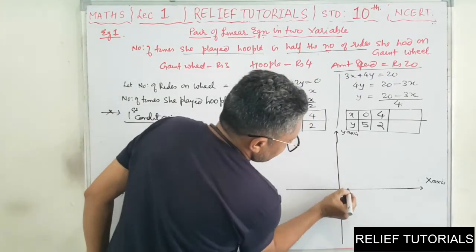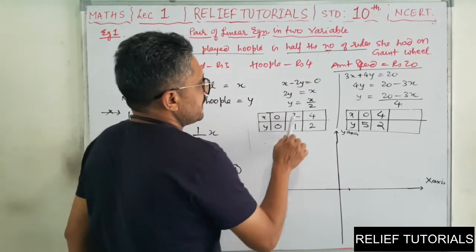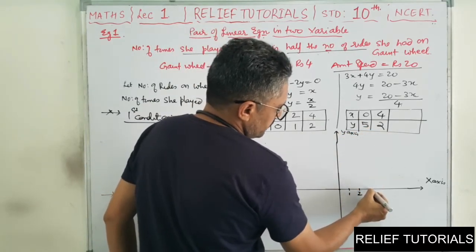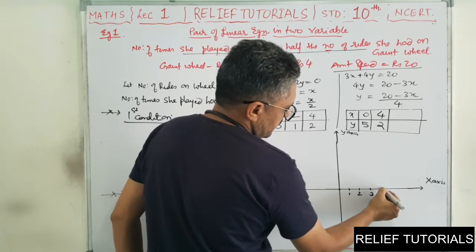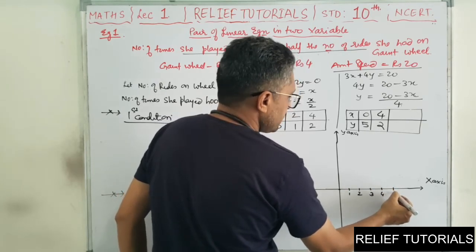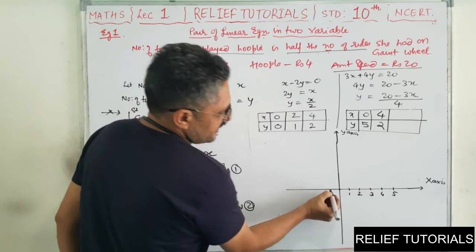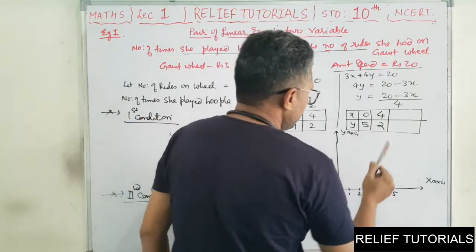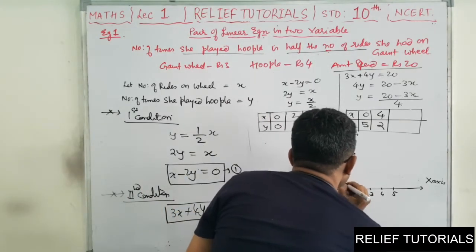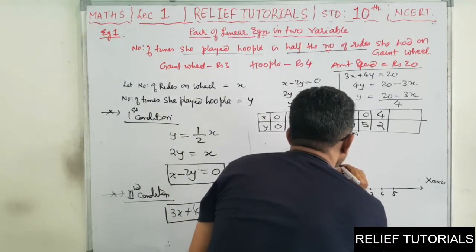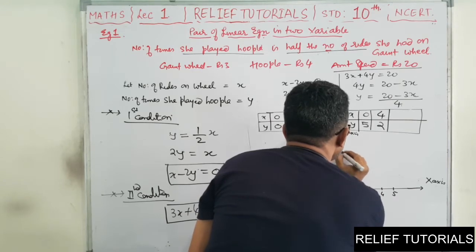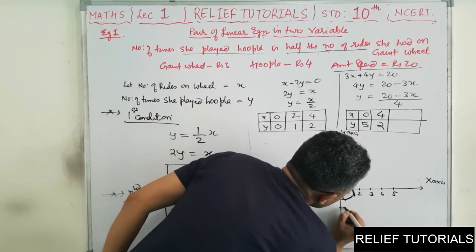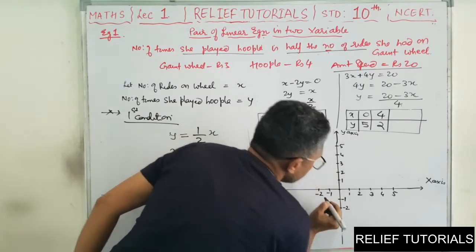Now you know it is 0 here. On x we have a maximum of 4, so x is 1, 2, 3, 4, 5. We don't have minus, I am just writing minus 1 here. Then on y you have a maximum of 5, so I am writing 1, 2, 3, 4, 5. Here you will write minus 1. Clear?